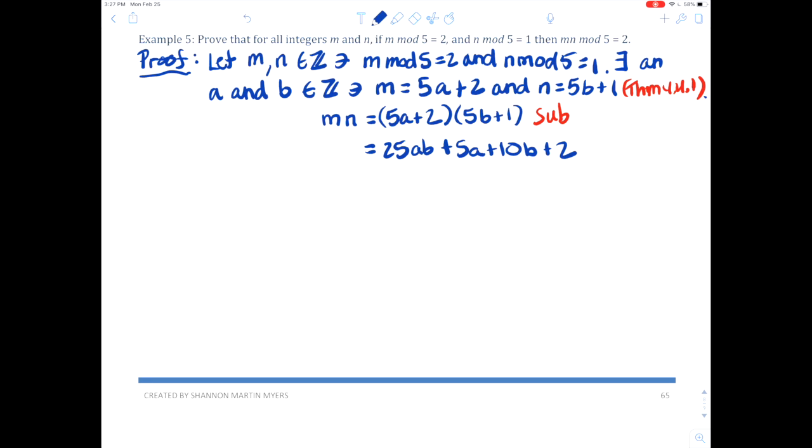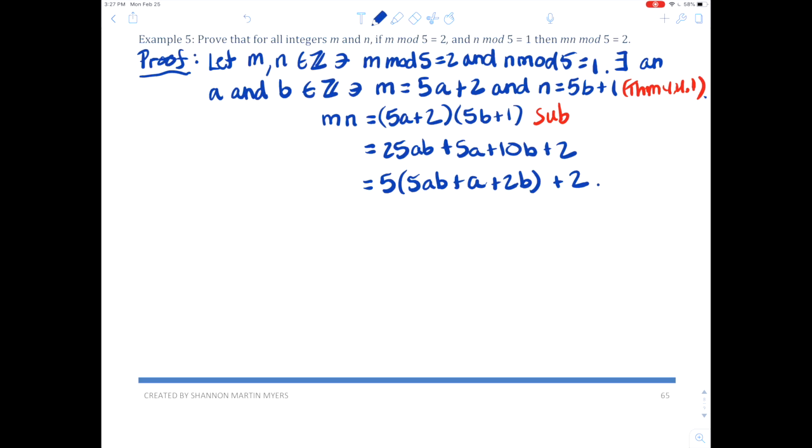Now, remember that both of these guys have 5 as the divisor. So, okay, I want to bring out that 5. So, this will leave me with 5ab plus a plus 2b, and then I still have the plus 2 hanging out.